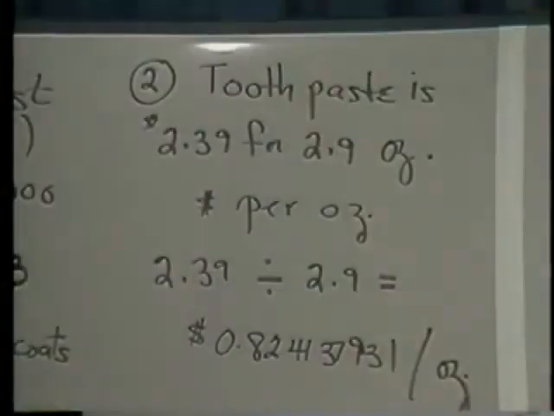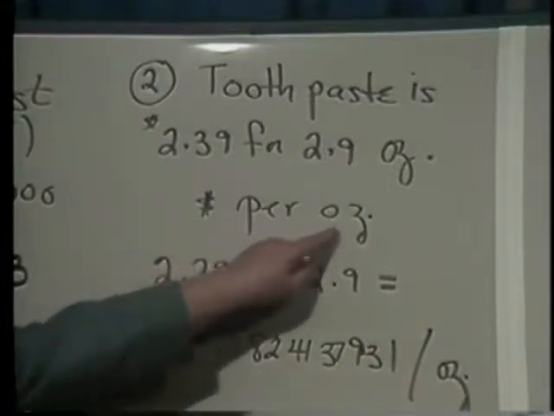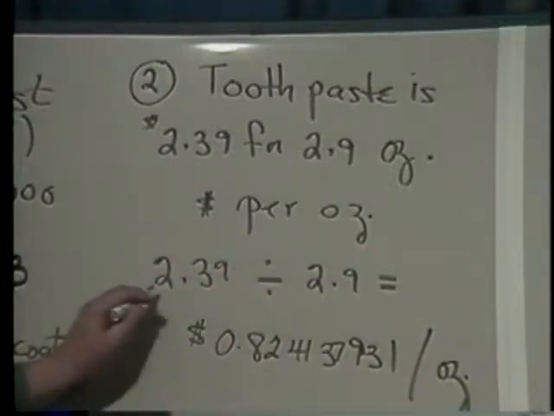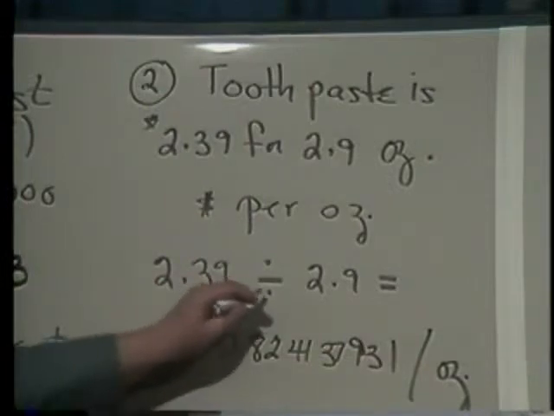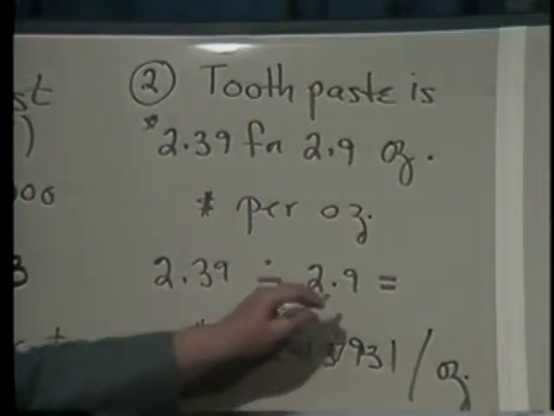Here's another one on unit pricing. It says a tube of toothpaste costs $2.39 for 2.9 ounces. What is the price per ounce? If I do it in dollars per ounce, that means dollars, which is 2.39, divided by ounces, which is 2.9.